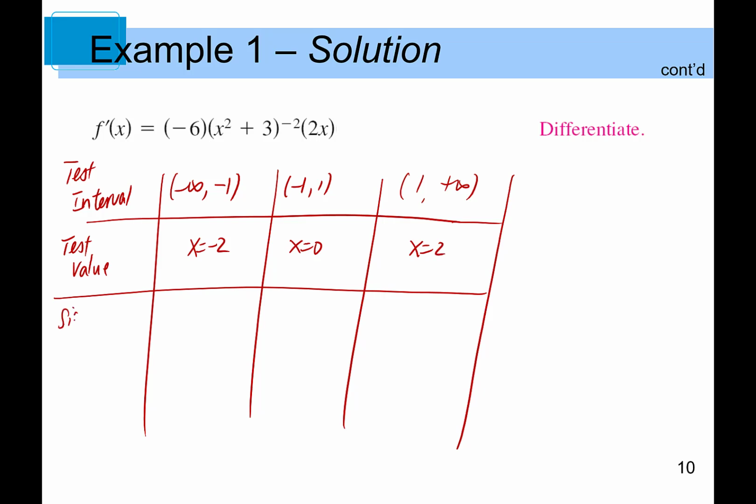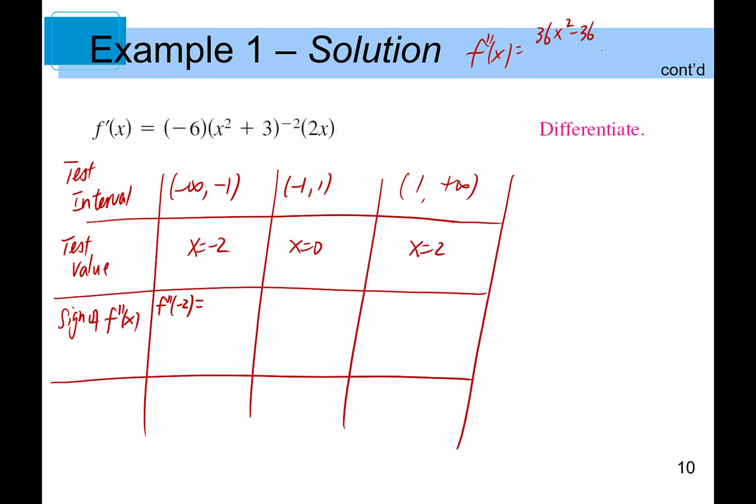Then we start determining the sign of f double prime of x. So f double prime of -2. So f double prime of x equals 36x squared minus 36 over x squared plus 3 to the third. If you look at the equation, the denominator is always going to be positive. So we have 36 times -2 squared minus 36 on top, over -2 squared plus 3 to the third.